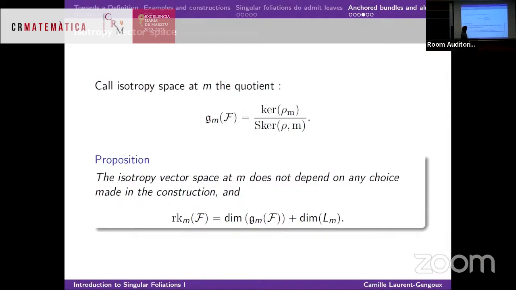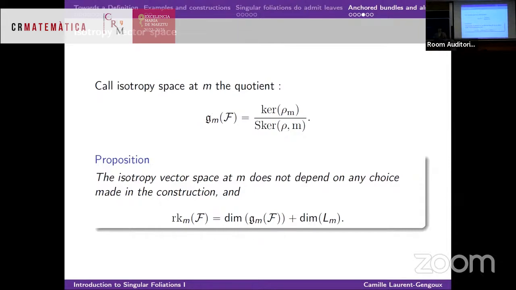Let us call isotropy space at a point m the quotient of the kernel of rho by the strong kernel of rho. It's a vector space. At a regular point, it is 0. At a singular point, never 0. That is at least an invariant in the following sense.